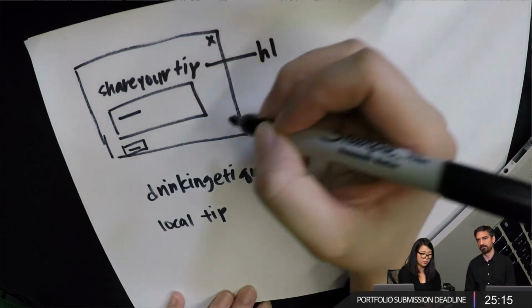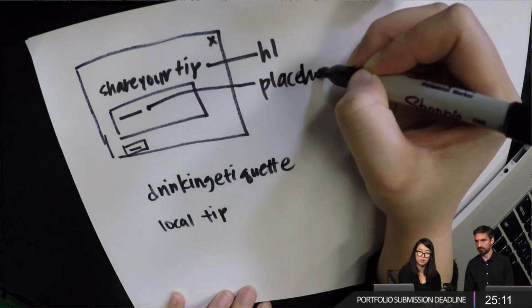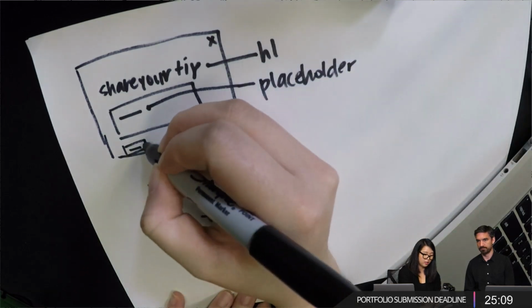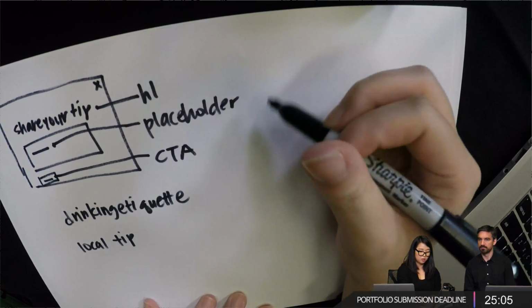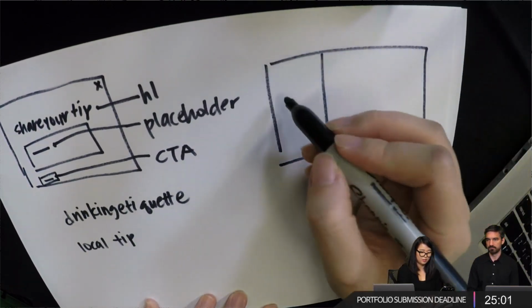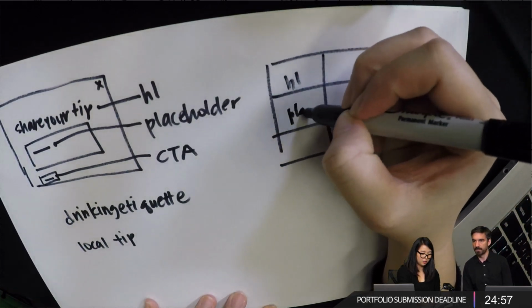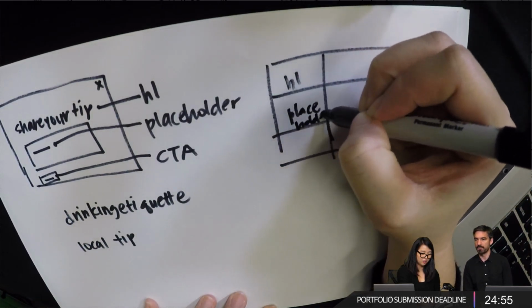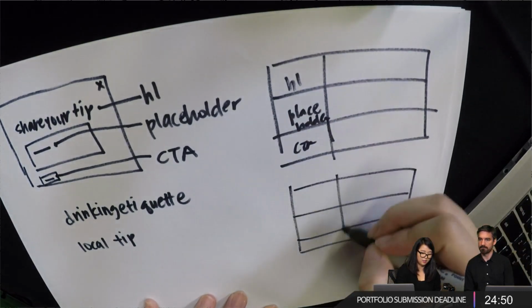This is the H1. This is placeholder. And this is CTA. So what I'll do is create a grid that just says H1, placeholder, CTA. And then I'll do the same thing here.